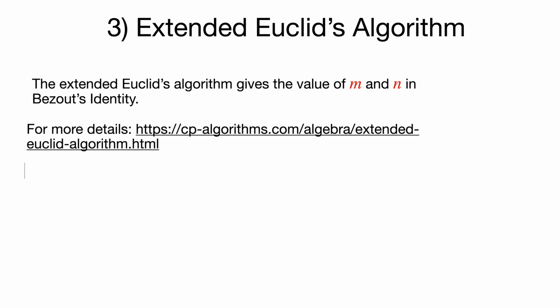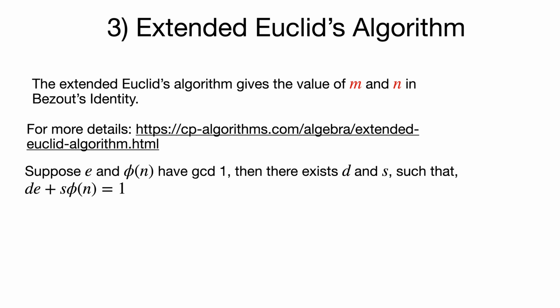So let us suppose that we are given e and phi(n). Those two numbers have GCD 1. Then from the Bezout identity, there exist d and s such that de plus s times phi(n) equals 1. So actually it is just ma plus nb equals 1, but here we are using e and phi(n), which are going to be used in the RSA.